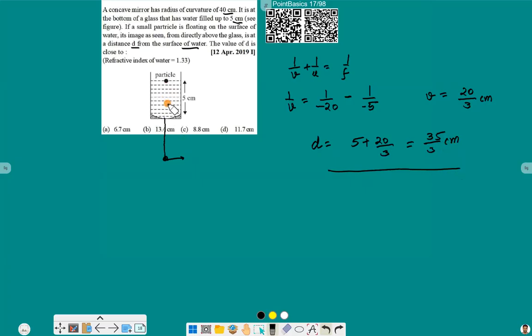So we will observe the apparent distance. Here d apparent will be equal to 35 by 3, that is the original distance, divided by the refractive index of the water, that is 1.33, and from this we will get 8.75 centimeter, that is closest to option C here. Now let's move ahead.